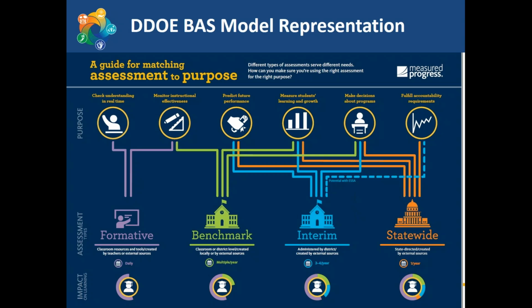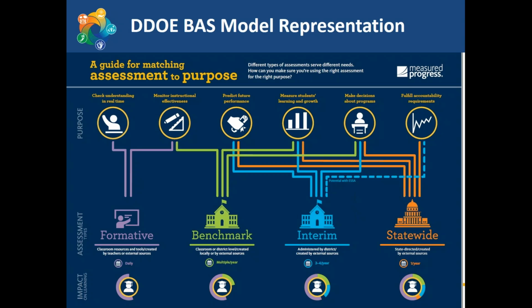Okay, so this graphic shows the Balanced Assessment System model for the state of Delaware. Notice that each assessment type is color-coded for clarity on how each is integrated. Formative assessments are the purple strand, are the most used resources and are ongoing all year long.